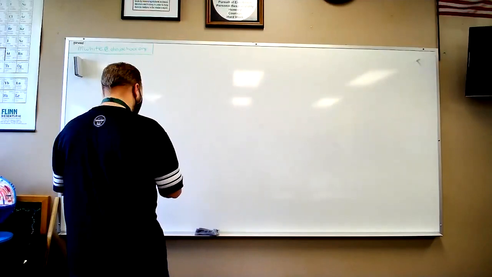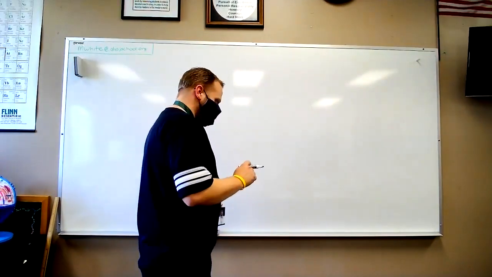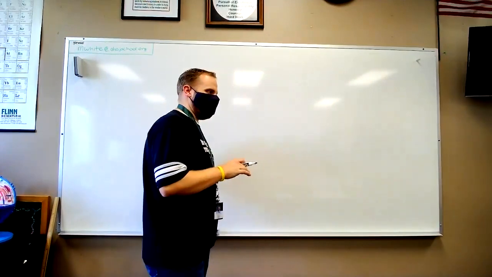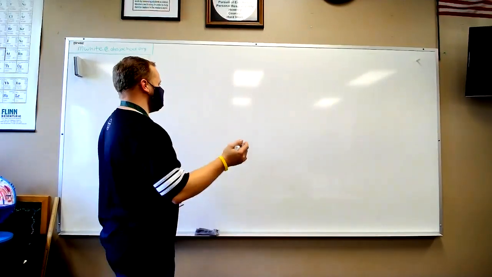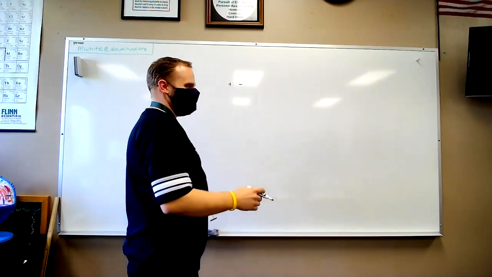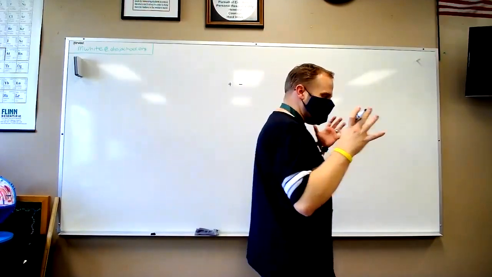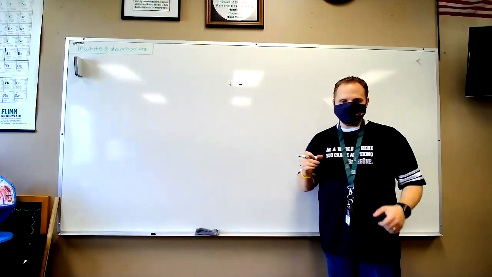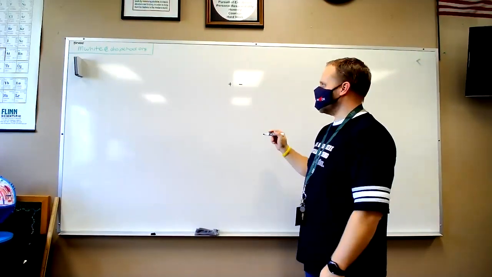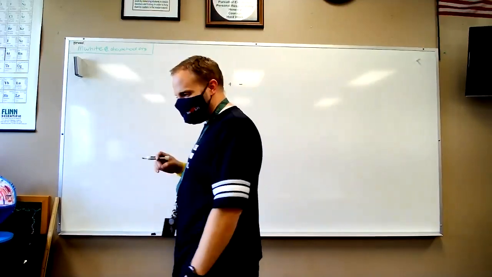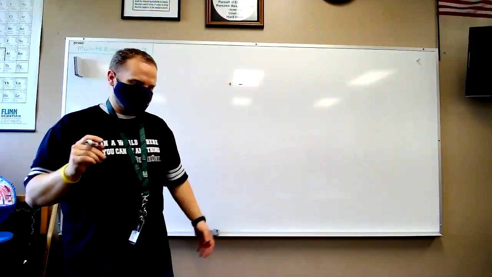So we started talking a little bit about ionic compounds last time. And remember, we have positive and negative. And these opposite charges interacting with each other, that's what holds these atoms together. You have the positive and the negative holding it together, just like magnets.